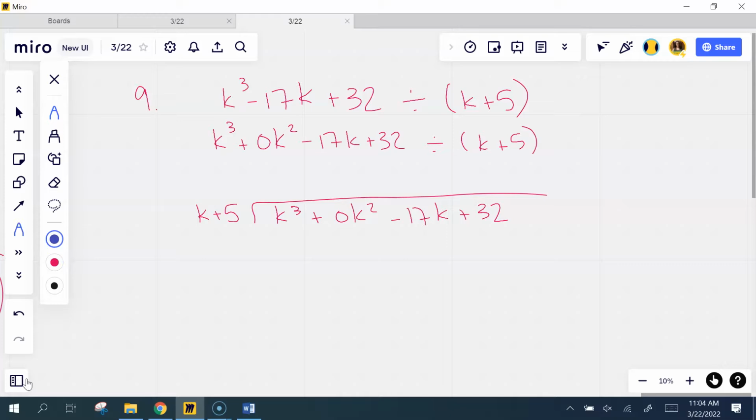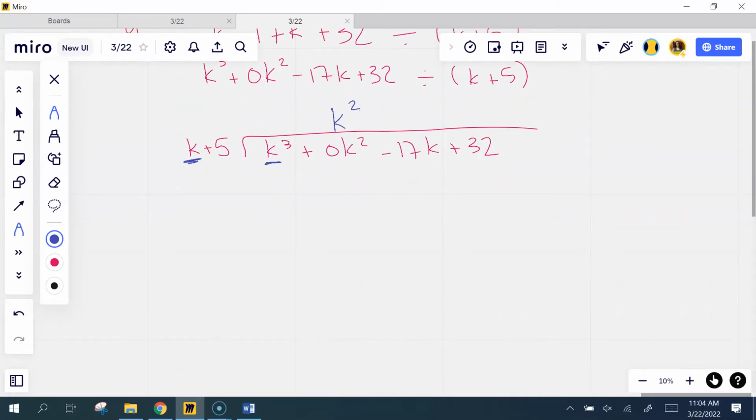All right, tell me what to do first. Look at y'all. What do I multiply k by to get k cubed? K squared, right? And so I go to the squared column. Now what? Multiply. It has to multiply to everything outside, not just one.